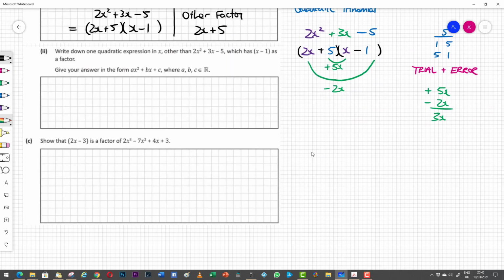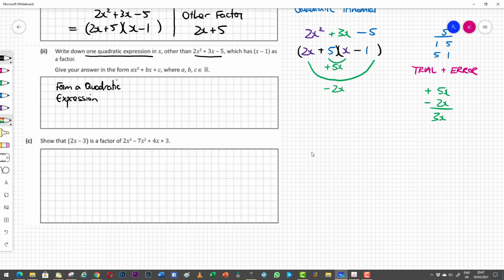Now, the second part of the question asks us to write down one quadratic expression in x other than 2x squared plus 3x minus 5 that has x minus 1 as a factor. So what they're asking for us to do now is to create a quadratic expression. Now, there's infinite answers to this question.